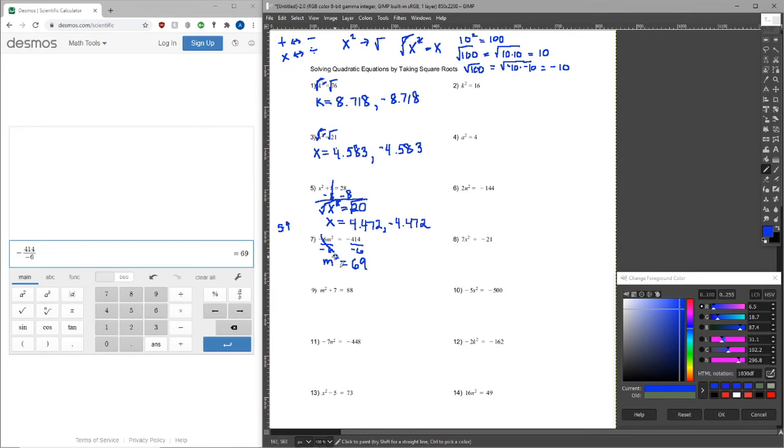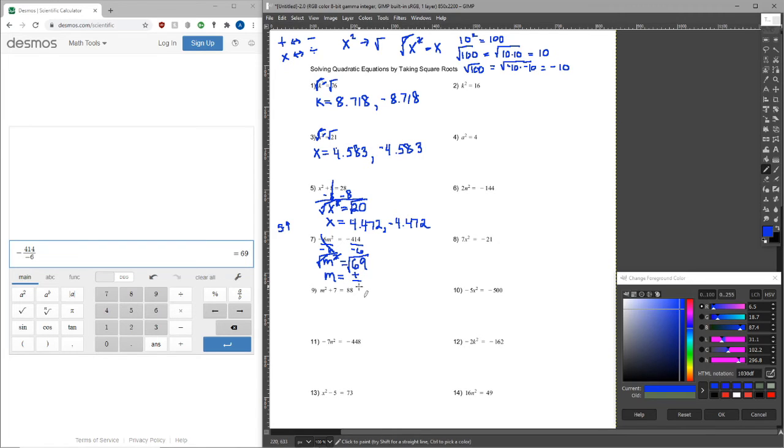the opposite of a square is square root. So your last step in all of these is going to be square rooting. So square root cancels out the square, leaves m all alone. One of the ways you can write this, remember you have a positive version and a negative version. One way you might see it is like this, kind of fancy, but plus or minus written on top of each other.